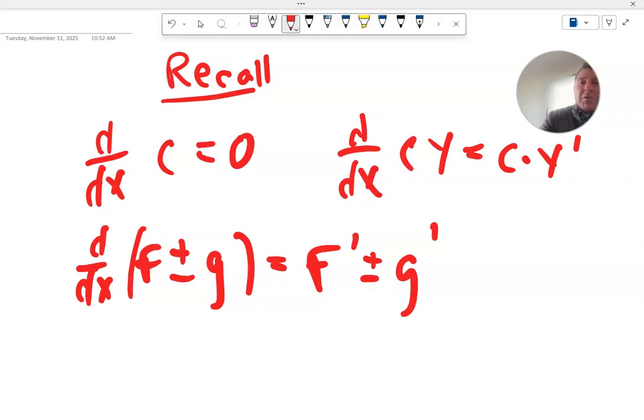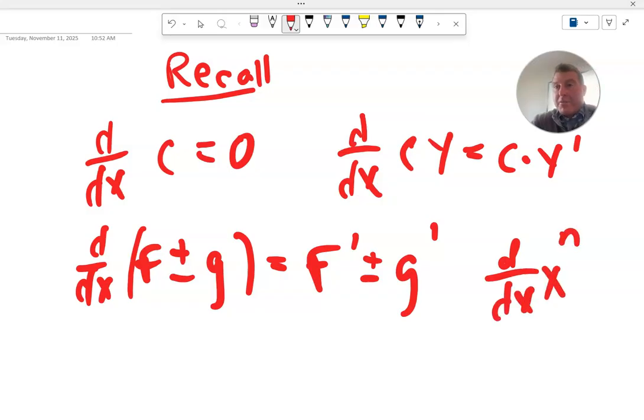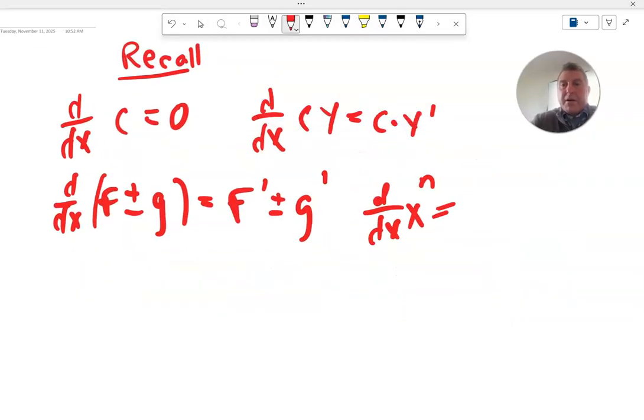And we also have the good old power rule, which says the derivative of x cubed or x squared or x to the 1/2 or x to the 3/5 is, you guessed it, the power n comes down, and then I knock the prior power down 1. Okay? So those are the basic rules we have established so far.